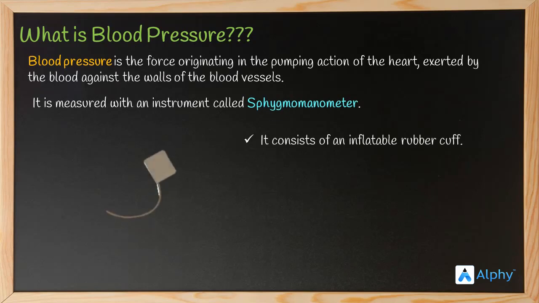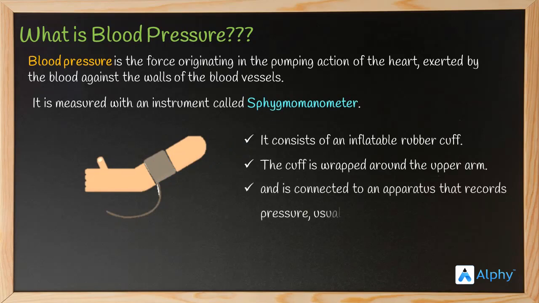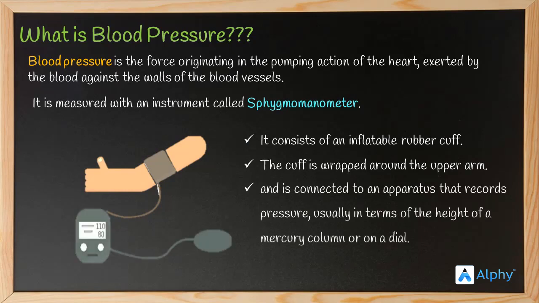So this is the inflatable rubber cuff, and the cuff is wrapped around the upper arm and is connected to an apparatus that records pressure, usually in terms of the height of a mercury column or on a dial. So as you can see, our rubber cuff is wrapped around the upper arm of the person whose blood pressure is to be measured, and this is then connected to an apparatus which is recording the pressure.